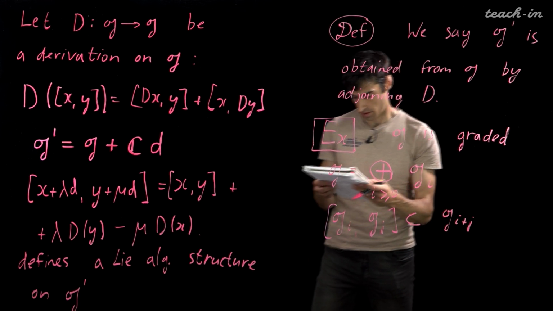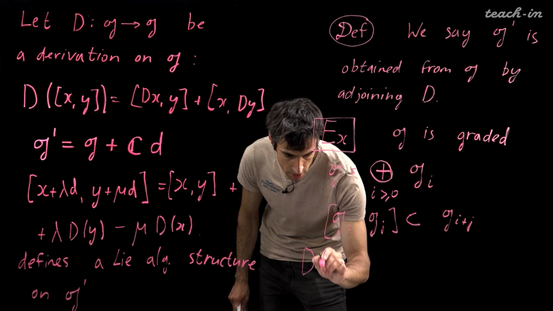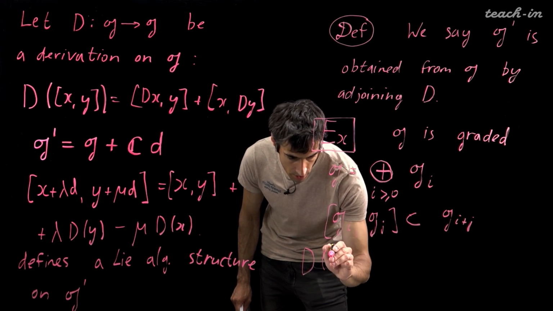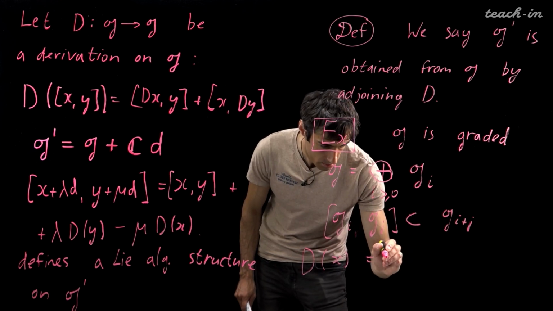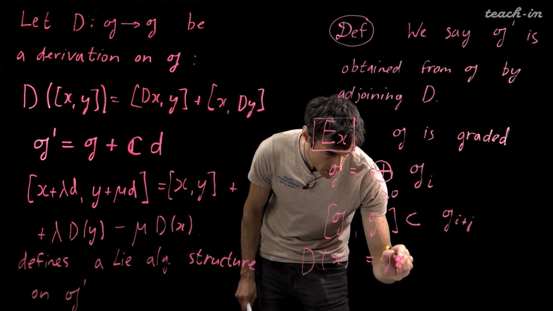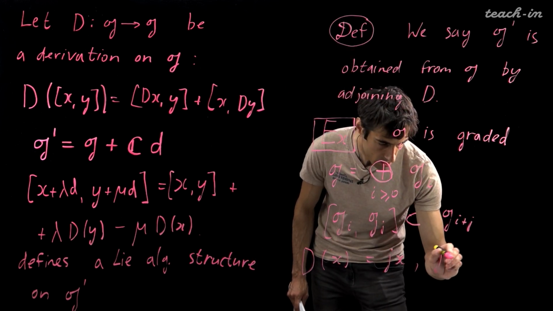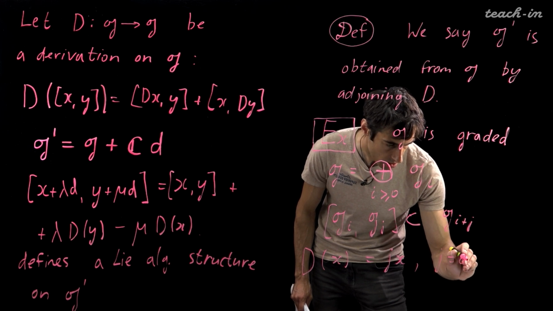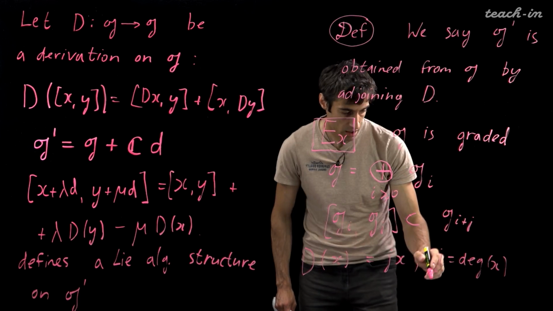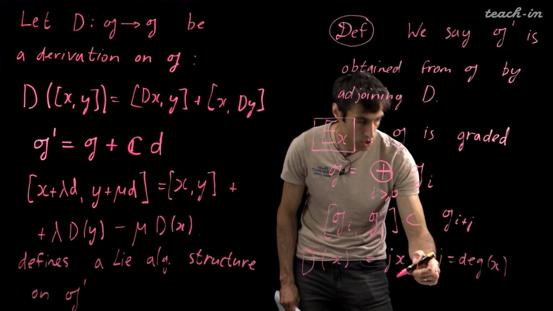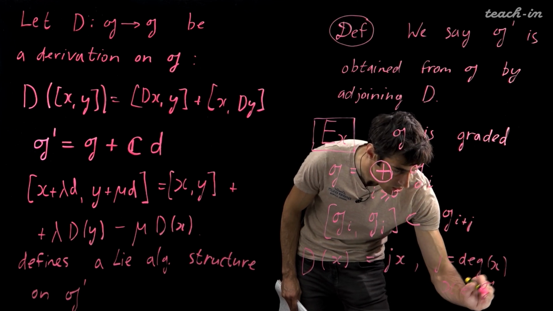And then I define the following linear map: D of x is j times x, where j is the degree of x. Meaning that when I say j is the degree of x, it means that x belongs to gj.